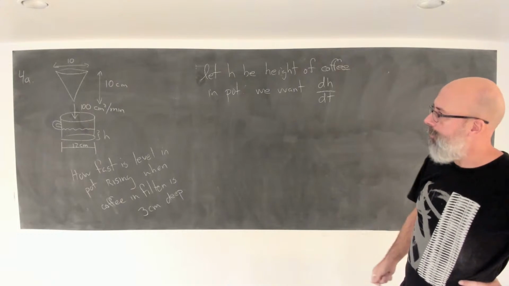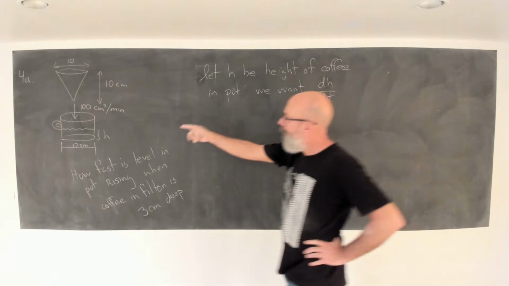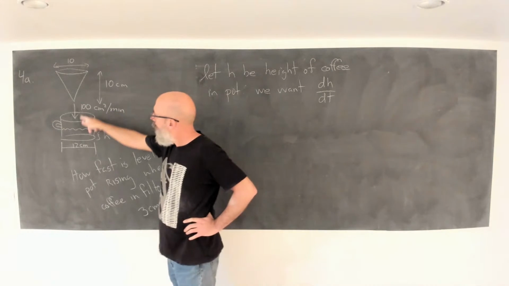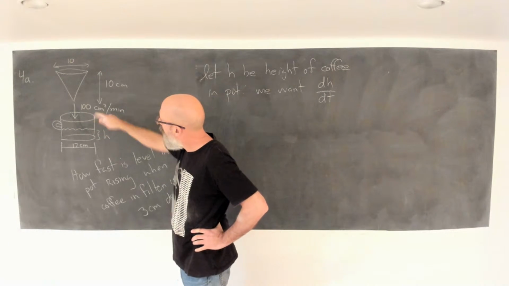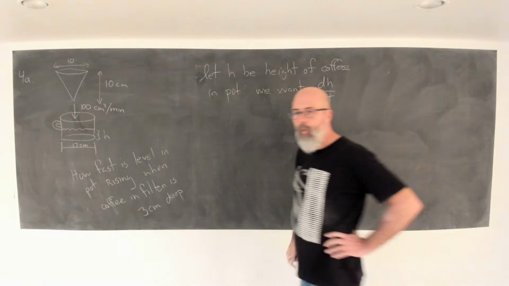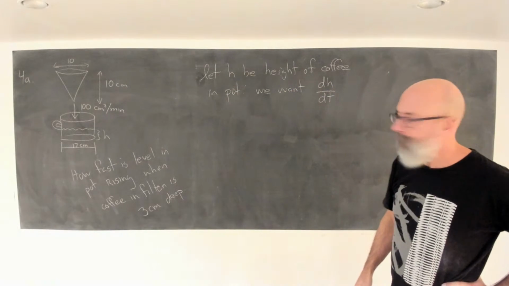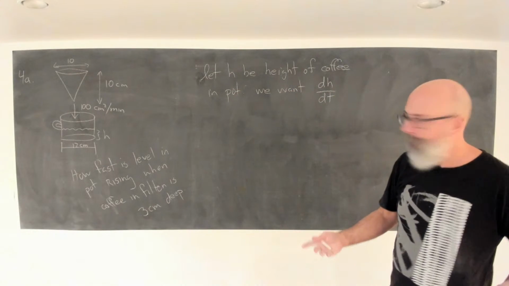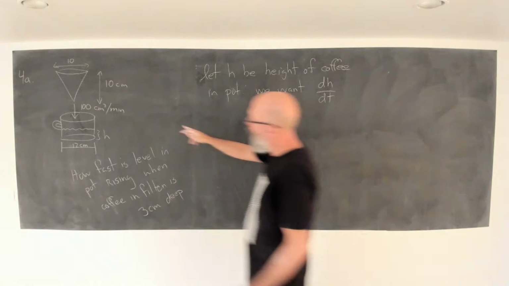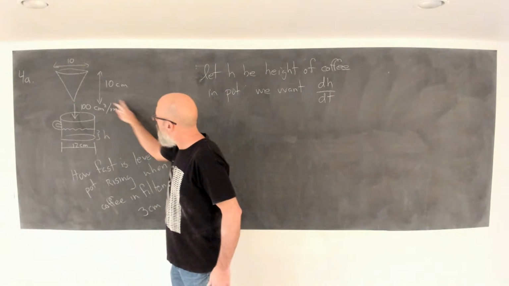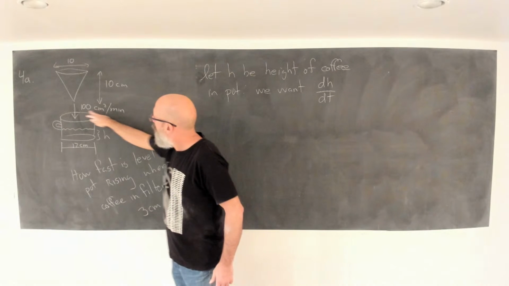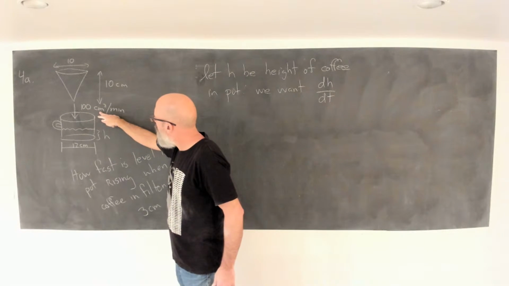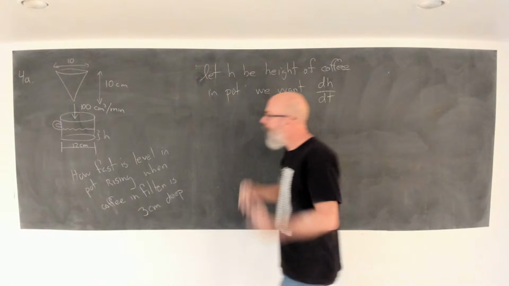What are we given? We are given that coffee is coming into the pot at this rate. What does that mean? You're getting 100 centimeters cubed of coffee per minute into the pot.